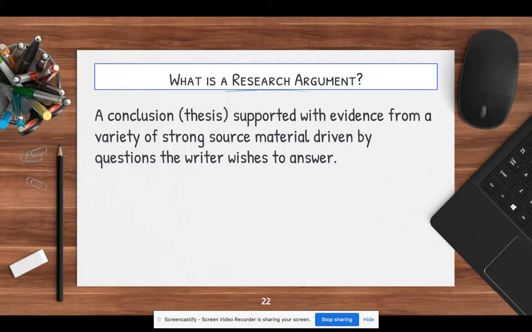So this is opposite what most people do when they write an argument, and it's why we have such a problem, in my opinion.